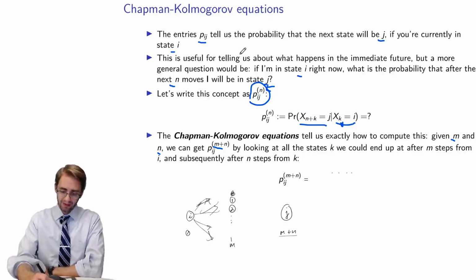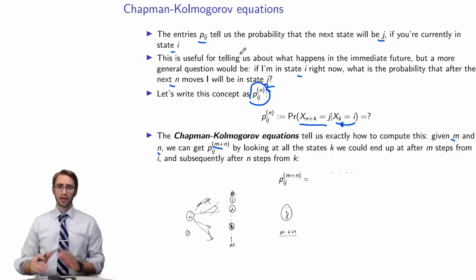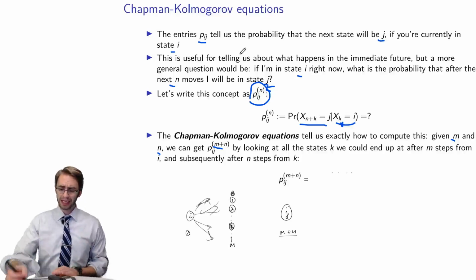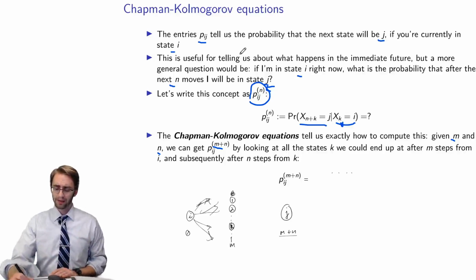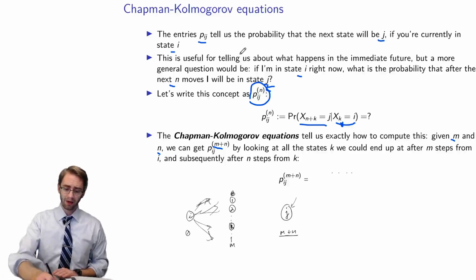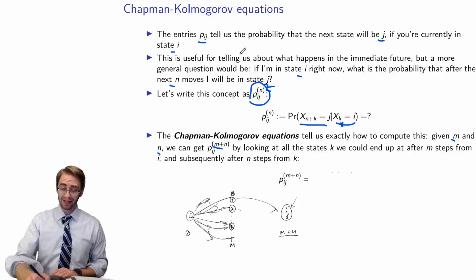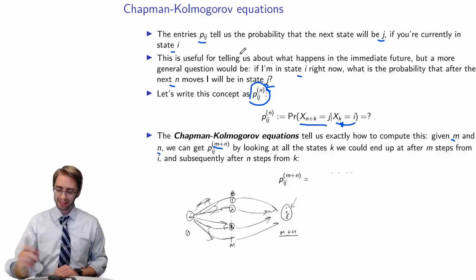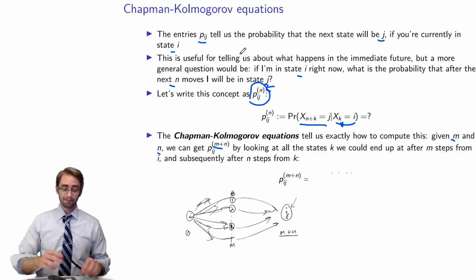What I'm trying to get at is that if I want to know the probability of being in state j at time m plus n, then I could look at all the places I could be at time m, and then the probability of going from state i into that state at time m, and then landing in state j at time m plus n.